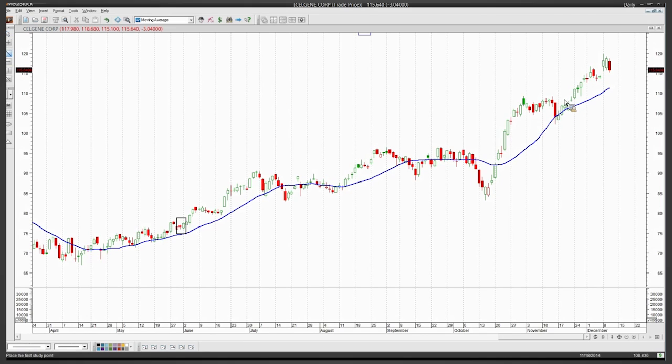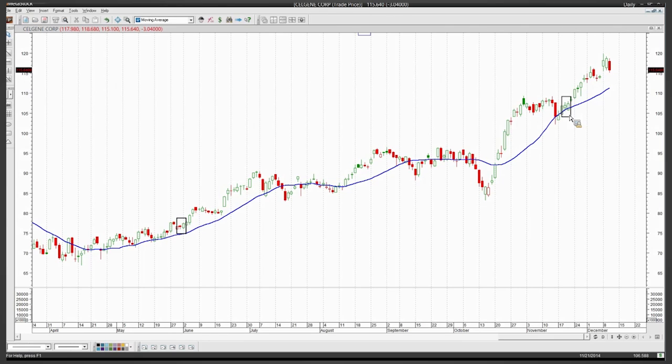Now, you see, this is another question I get asked. Oops, sorry, wrong tool. Here, there's a setup, and you can see that it wasn't necessarily on a pullback. It had already advanced a few bars, okay?